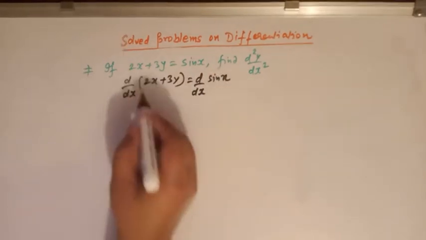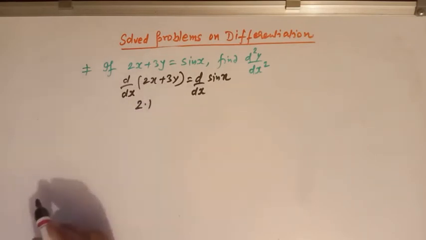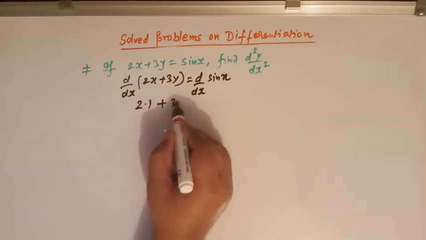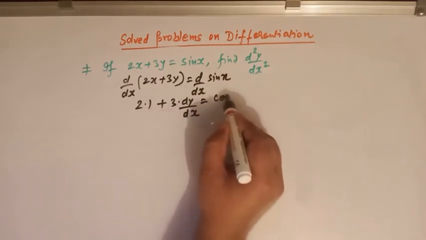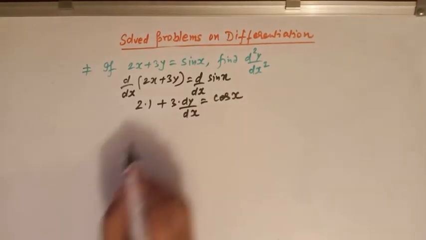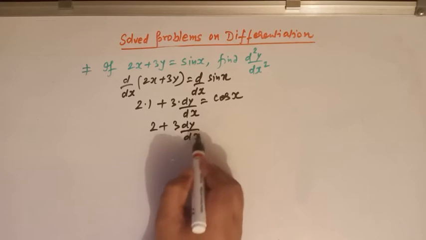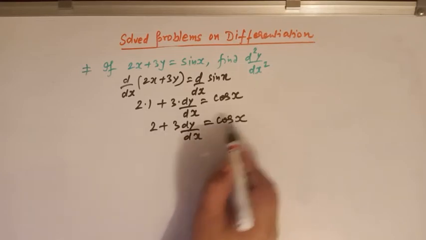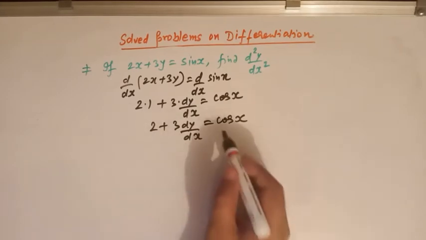Clear? So the derivative of x is 1, so this is 2 times 1 plus 3 times dy over dx, and we have the derivative of sin as cos x. So we have 2 plus 3 dy over dx equal to cos x. Now again differentiate both sides with respect to x.